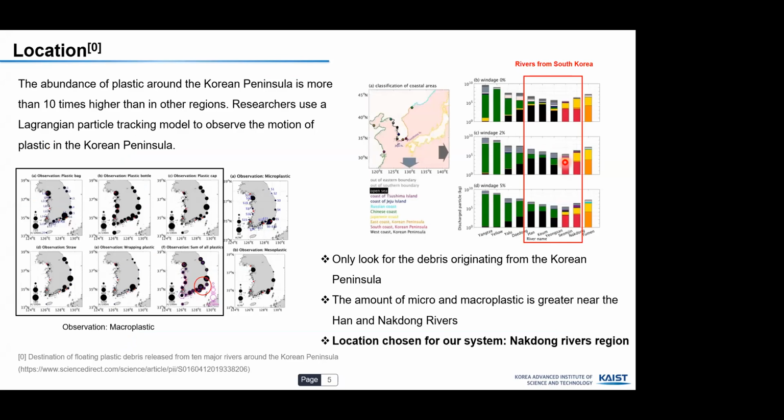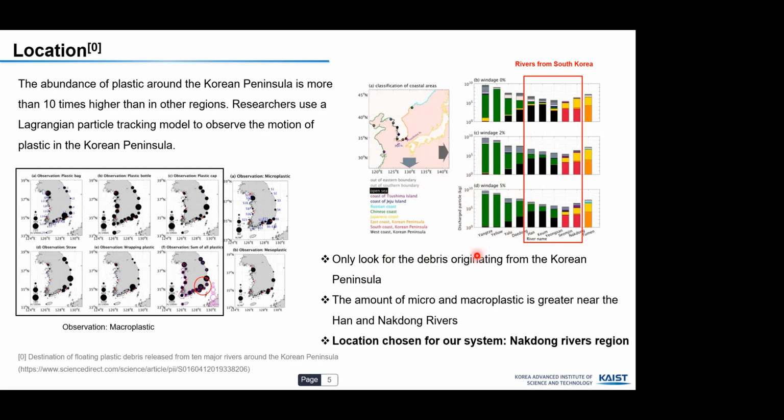We found several scientific papers. In one of them, researchers used a Lagrangian particle tracking model to observe the motion of plastic in the Korean peninsula. As you can see in the chart, here you have the rivers of South Korea and the discharged particles.